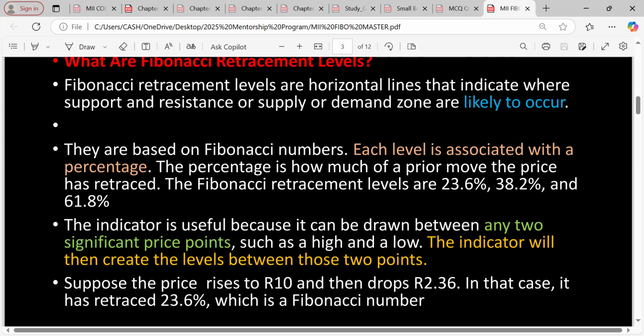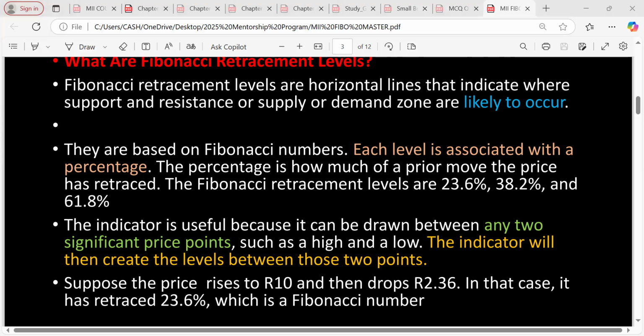So hence, that's why I'm saying the Fibonacci is one of the key levels. If you know how to use it, you can have multiple trades even in one instrument. When I say instrument, I could be referring to a currency pair, a commodity, an index, or a cryptocurrency.